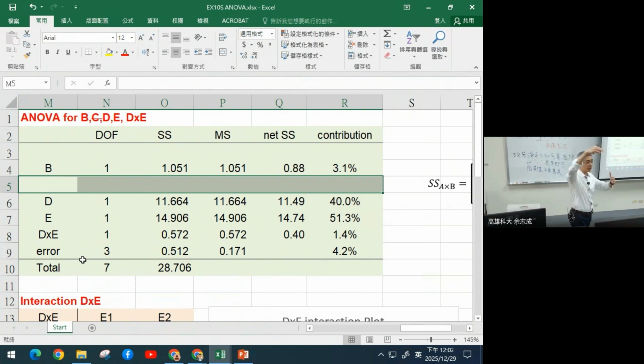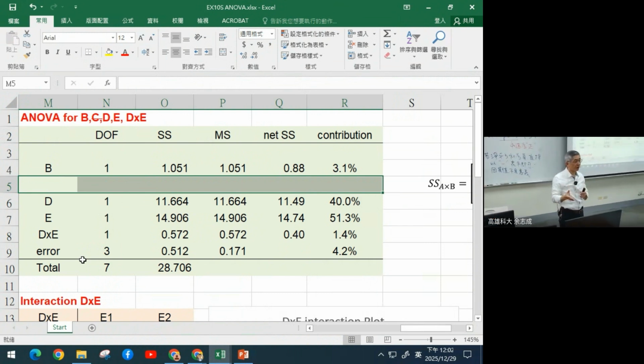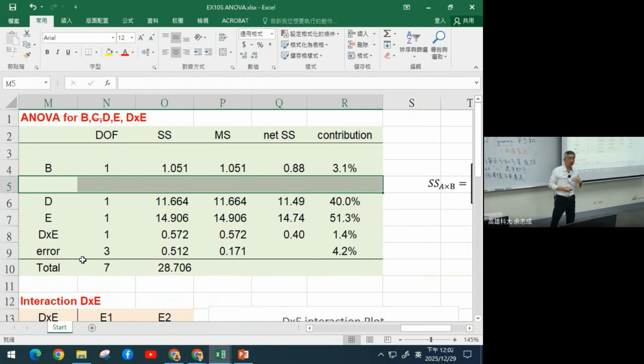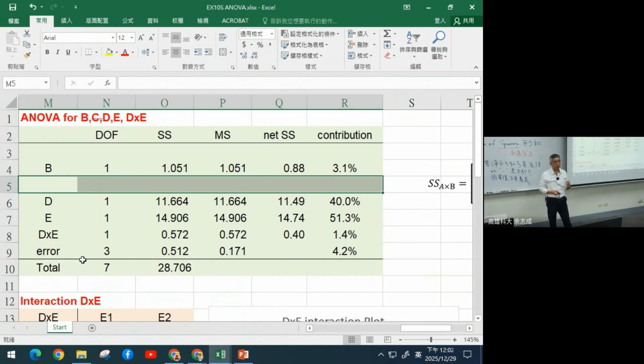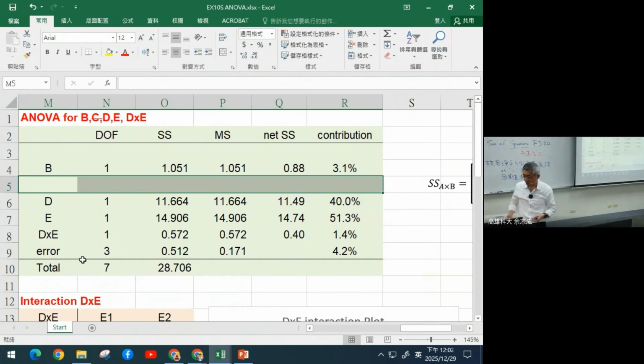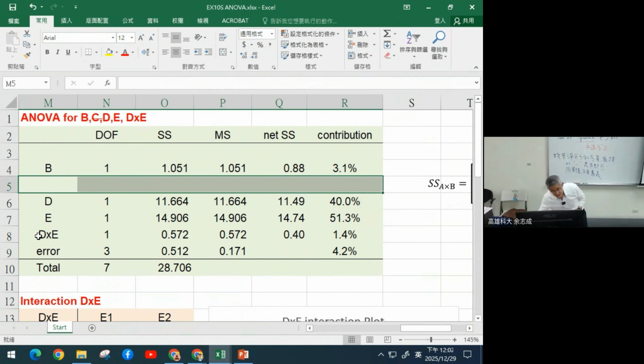From the figures, you can only look at whether the lines are parallel or not, but now there is a contribution percentage for you to use as a standard. If the contribution is low, if it is negative, it has to be removed. If it is small, you can consider, which means that their interaction is very small, it can be pulled into the error term, or you should say it is negligible.